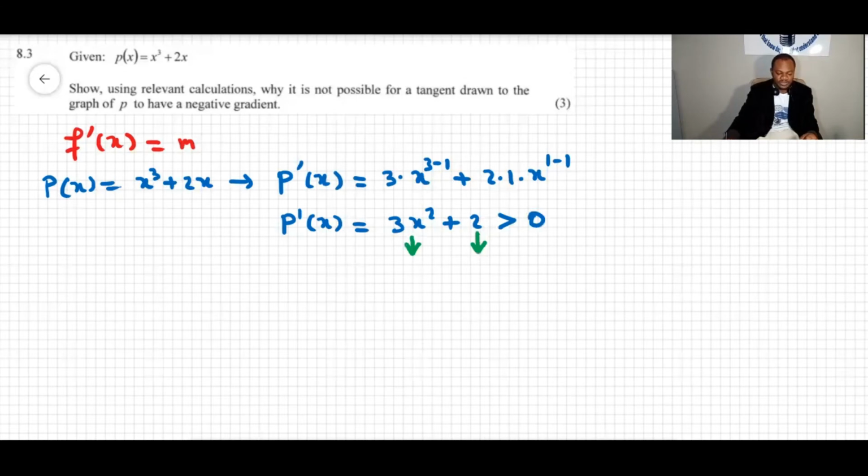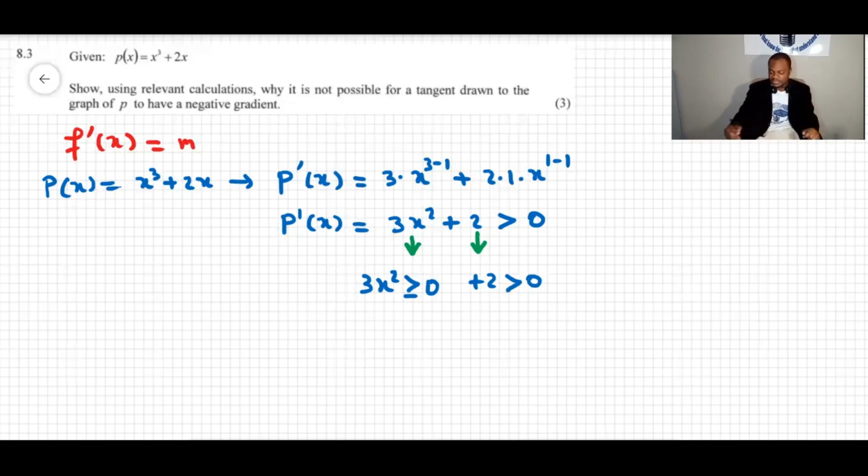So 3x squared is positive or equal to 0 because regardless of the value of x, x raised to the power of 2 will always be positive or 0. And then times another positive, which is 3, it will always be positive or 0. Okay? And positive 2 is a fixed number, so this will always be positive. Now take positive plus another positive, the gradient will always be positive.